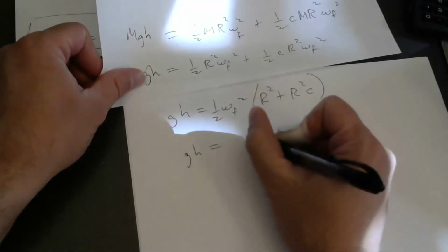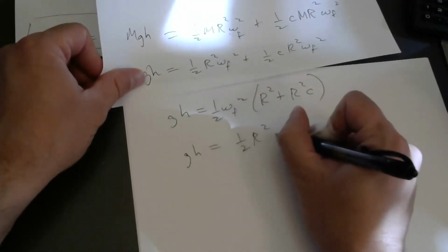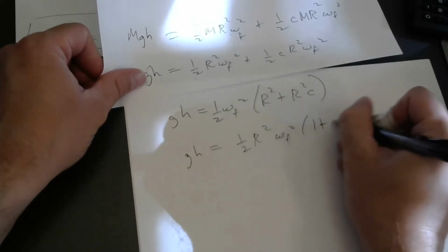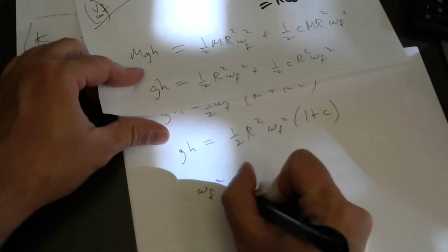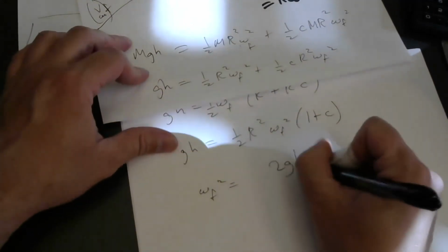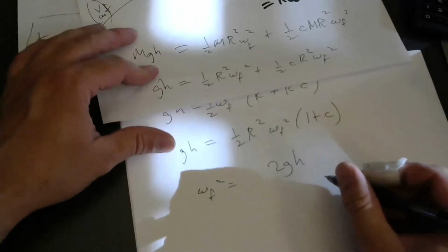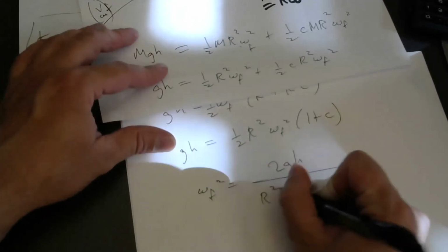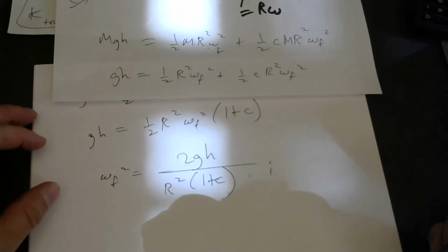You're probably better than me at this. 1/2 R squared omega final squared times 1 plus C. All right? So omega final squared, if I move some stuff around, is 2GH over R squared times 1 plus C; semicolon. I always feel sophisticated when I use a semicolon.